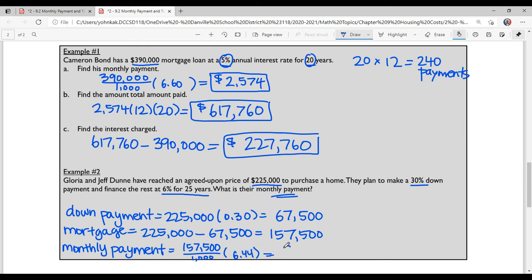So that gives us a monthly payment of $1,014.30. So it's about half as much as the previous problem. But the price of the house is lower, so I would expect the monthly payment to be lower.